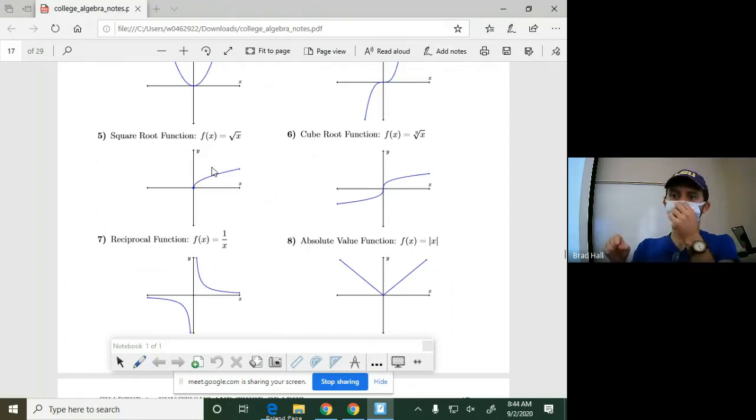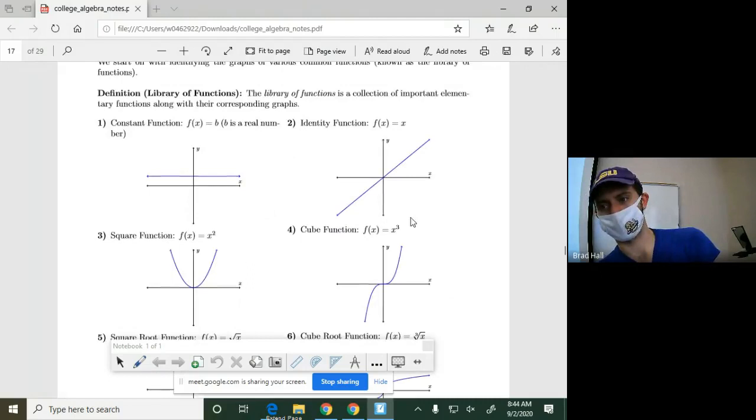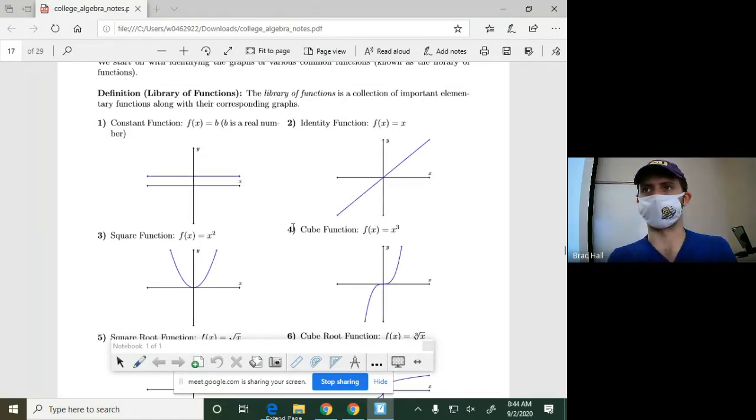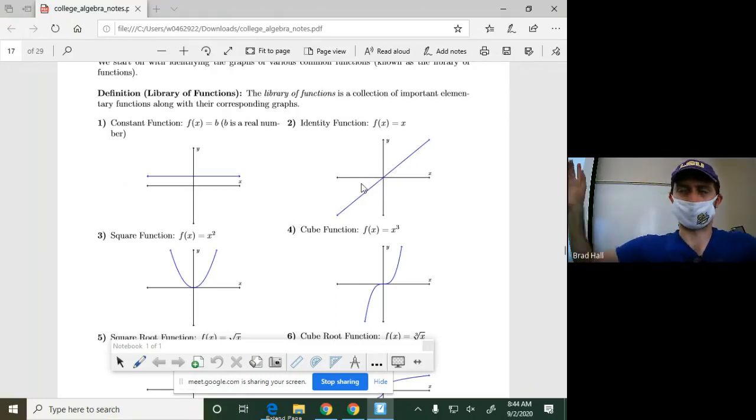And for the homework, there's nothing for me to really write down for this section. You're given 8 graphs, and in the homework, you're going to be asked to identify these graphs, and you have the notes right in front of you. It will give you a shape that looks like this, and it'll say, which function is this? And you click on identity function, and it says great or fantastic or whatever.